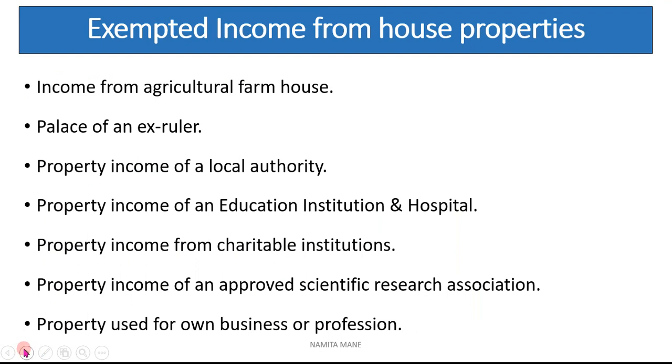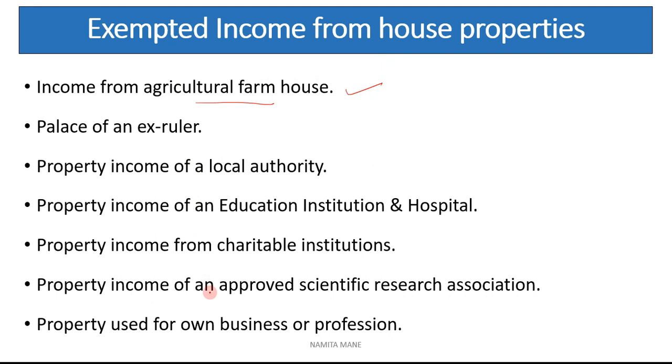Now next is exempted income from house property. Some income from some types of property will not be taxable under the Income Tax Act. So income from agricultural farmhouses will not be taxable under the head income from house property.